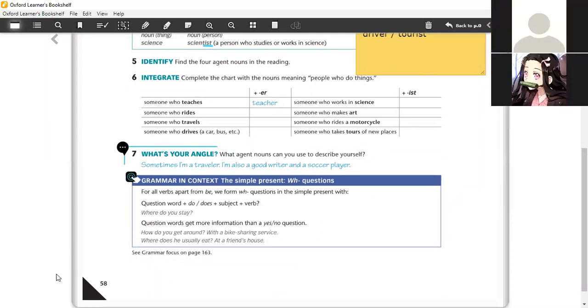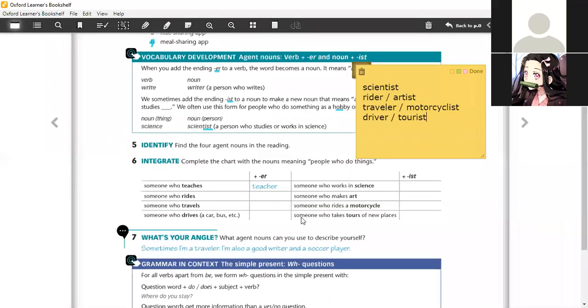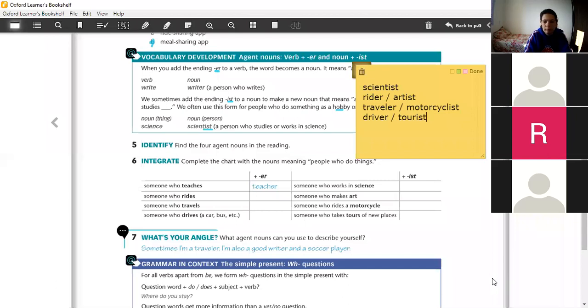Teacher, tem como abaixar só um pouquinho para ver os exercícios? Thanks. You're welcome. O que significa travel? Viajante. Travel, viajar. Traveler é uma pessoa viajante, né? Deixa eu ver se eu escrevi certo o que ela falou.